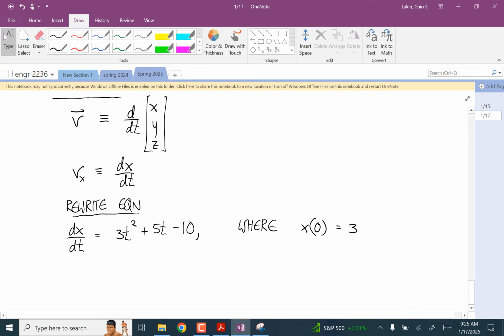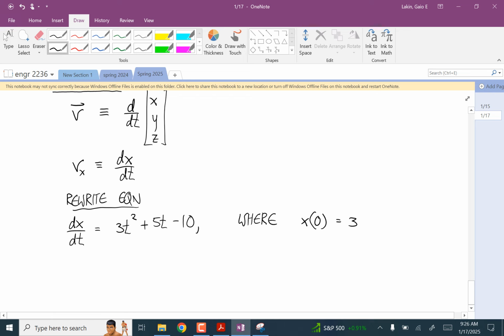Okay, can we put this in the form where we can use separation of variables? I mean, is this in a form where we can use separation of variables? Yeah, basically, think of it like this. We have to have dx dt is equal to a function of x times a function of t. Okay?